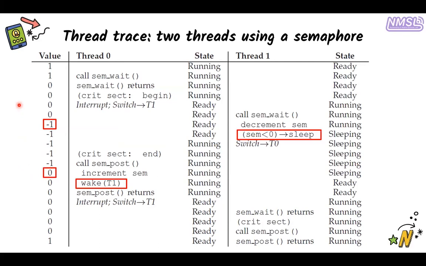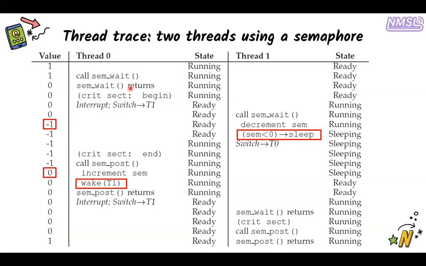Now let's look into a little bit more complex situation. All right. So here, initially, the value is 1, you call wait, now it's 0. So it basically returns, right?